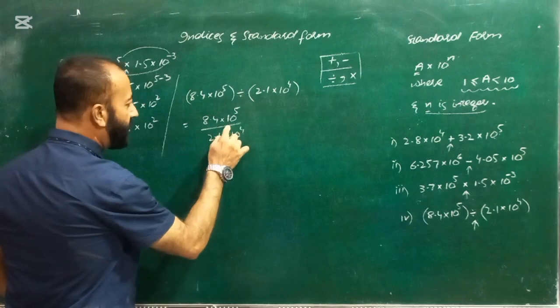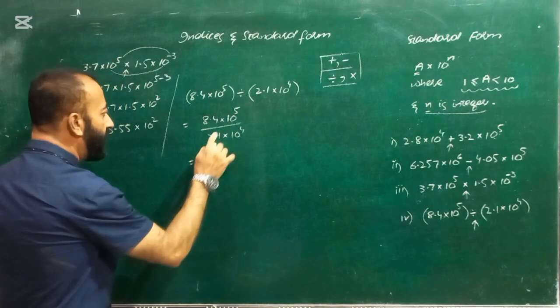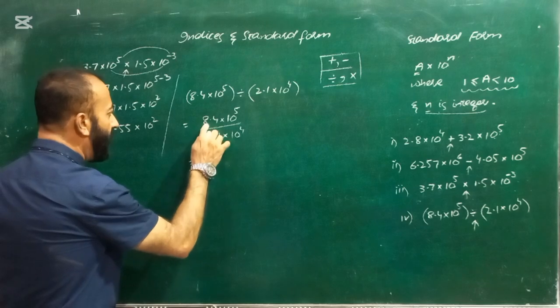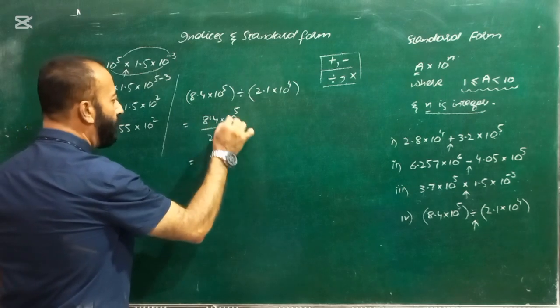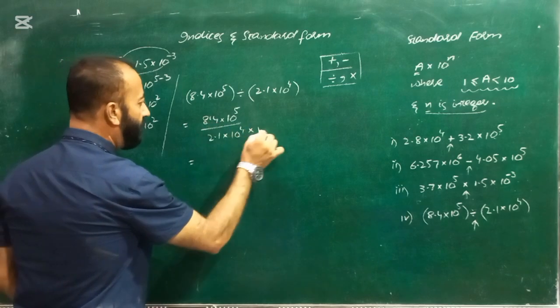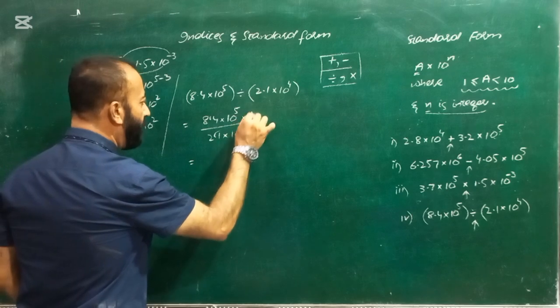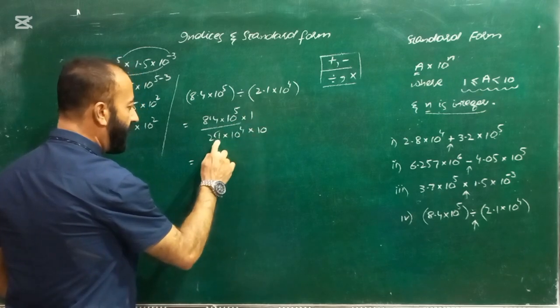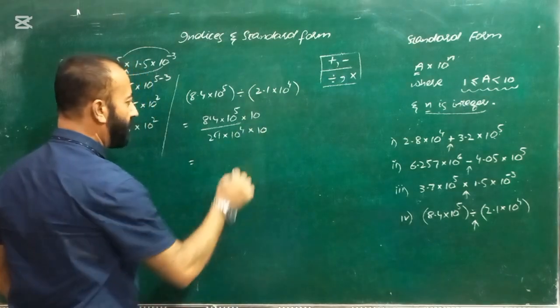At this stage, you can see bases are same. So powers will be subtracted because they are dividing with each other. So 8.4 over 2.1. So look now, point will be cancelled. 1 will be written. After point, 1 value is there. And point will be removed from here. 1 will be written in the numerator, and there is one value after point, so 10 will be put here.